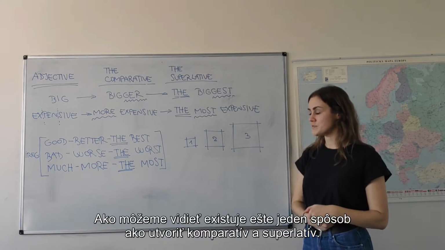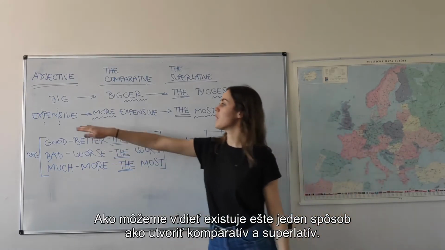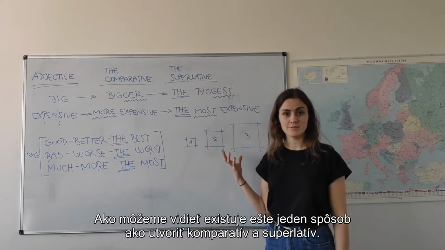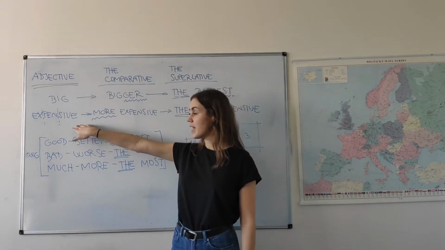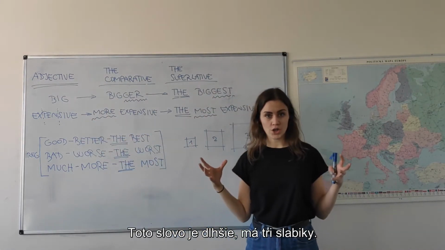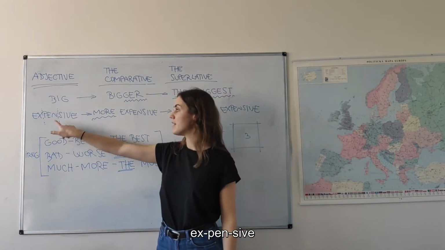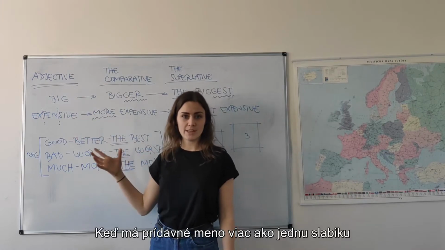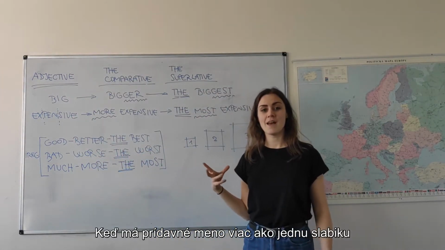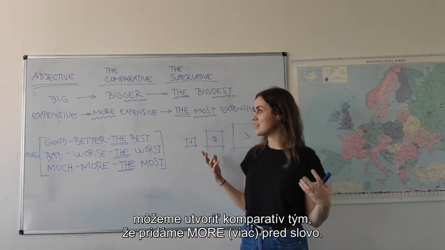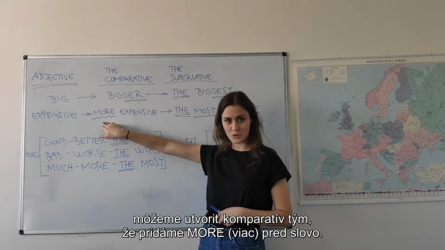As we can see, there's one more different way of forming the comparative and the superlative. Expensive. It is a word that is longer. It has 3 syllables. When an adjective has more than 1 syllable, we form the comparative by adding more in front of it.